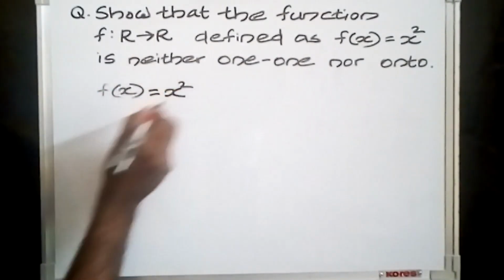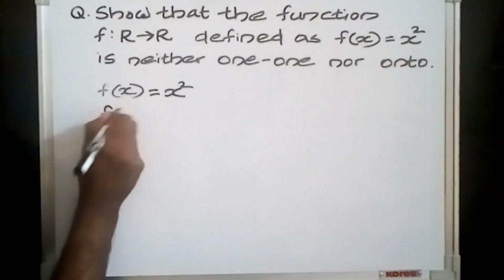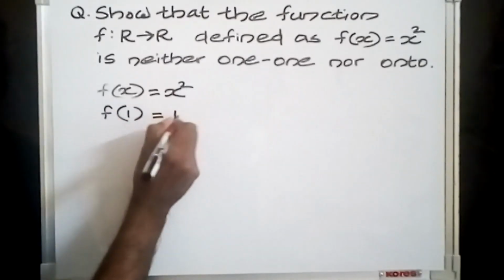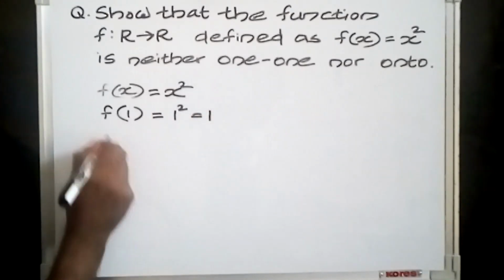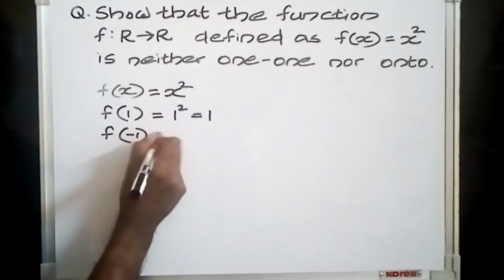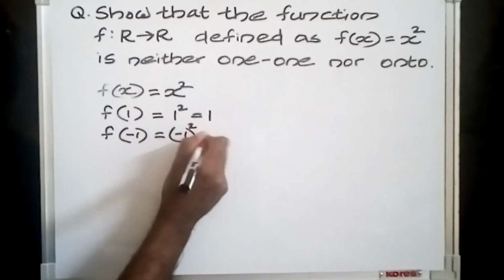What is f of 1? The image of 1, f of 1, is 1 squared, that equals 1. And what is f of minus 1? f of minus 1 is minus 1 squared, equal to 1.